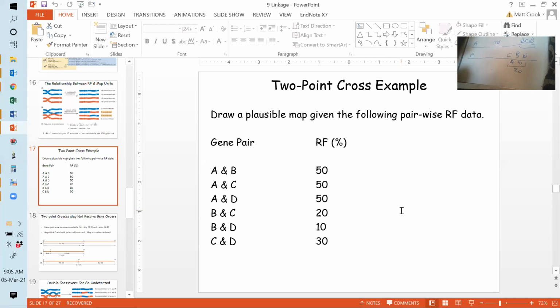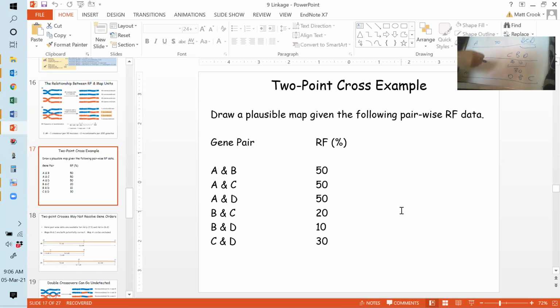Right. Now, question. Is it this or is it this? Which is correct? Hint, hint. It's a trick question. Both of them. You know that the relative order of these three is CBD or DBC, right?